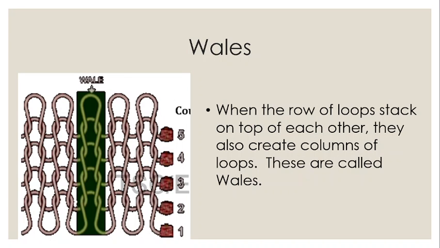Once we start stacking our rows or courses of loops upon each other, we get additional columns of loops called wales. The wales are formed because we set every loop on top of the previous loop.